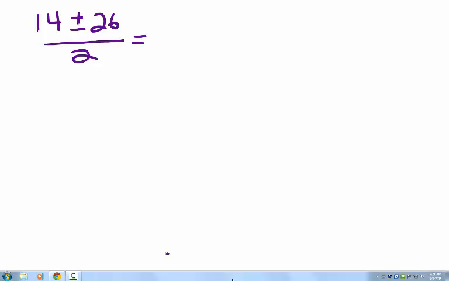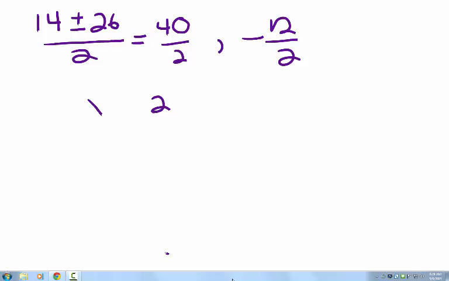So our two solutions are 40 over 2 when we add 14 and 26, and negative 12 over 2 if we subtract. In other words, x equals 20 and x equals negative 6.